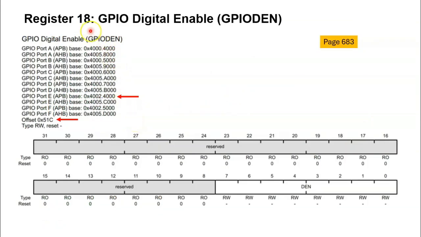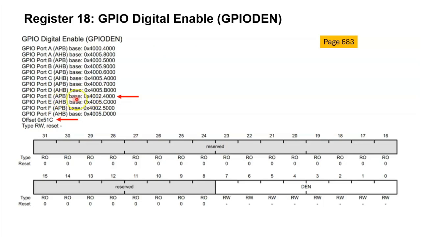Okay, so this is the GPIO digital enable register. And you can find this on page 689 of the datasheet. Now, the GPIO digital enable register GPIO port E APB base address. APB stands for Advanced Peripheral Bus.